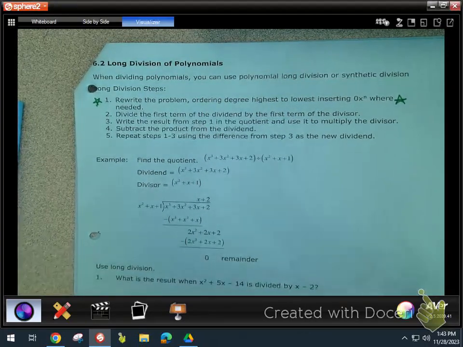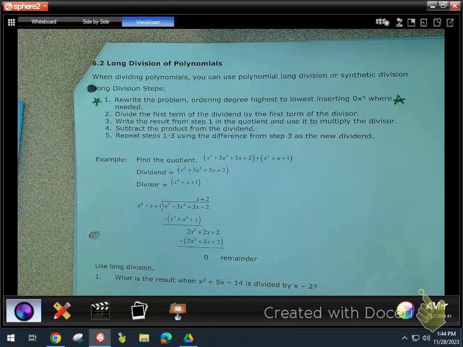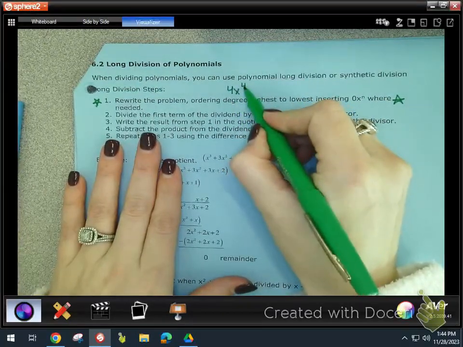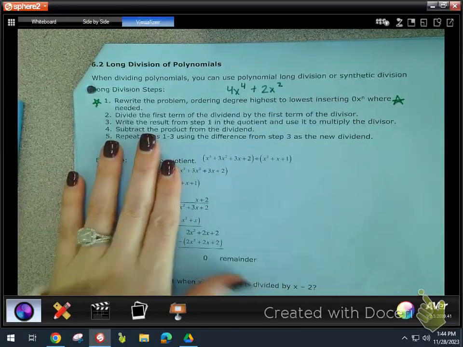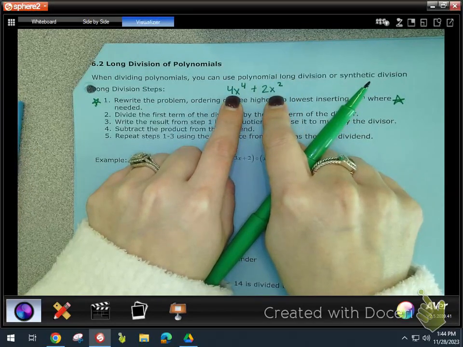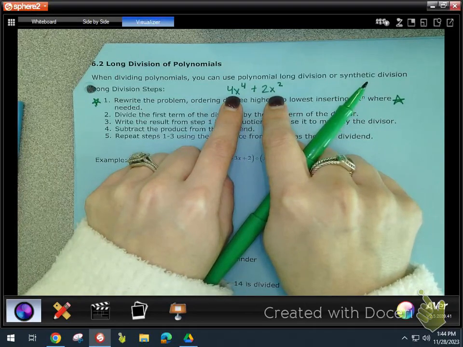Now, when you do division, you have to make sure that every single exponent is accounted for. Like, for instance, if I had 4x to the fourth plus 2x squared, what is missing between the x to the fourth and x squared? 0, x third. And x to the third. In addition, subtraction, multiplication, we don't really care.